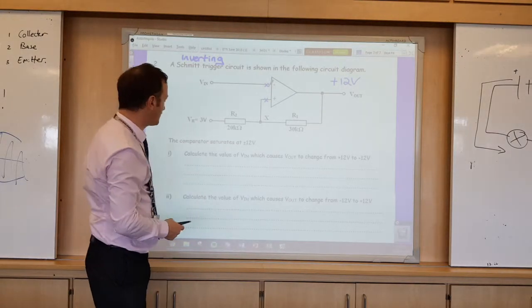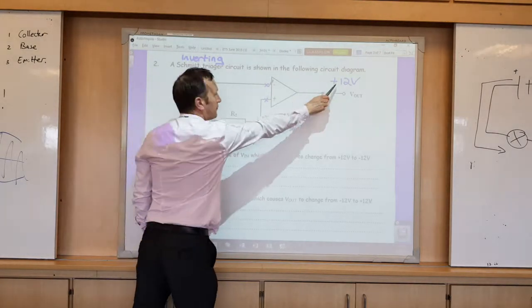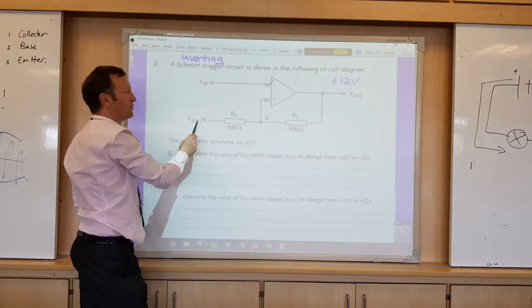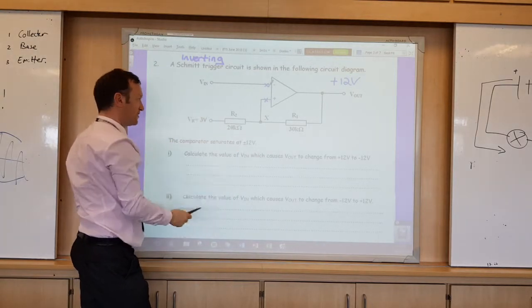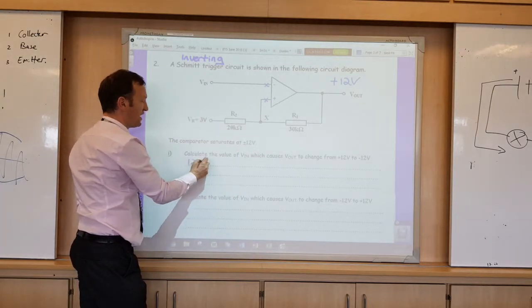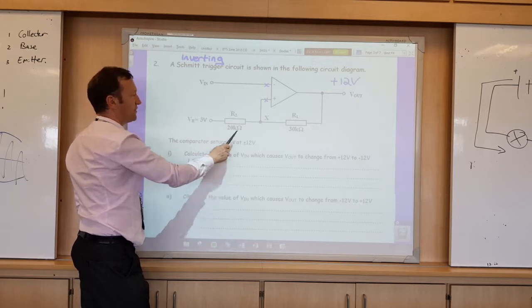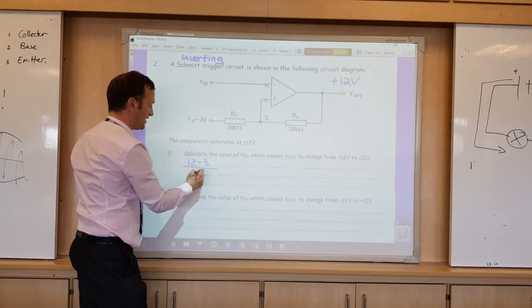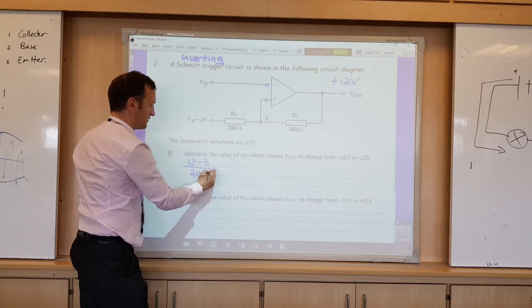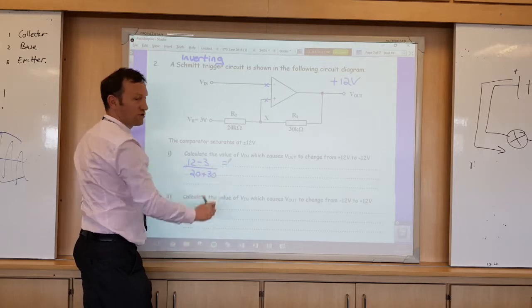To work out the current, we need the voltage across these two resistors, which is 12 minus 3 divided by 20 plus 30. That's going to give us the current.